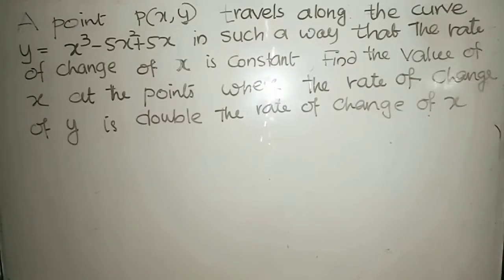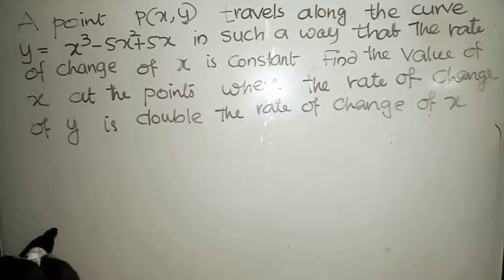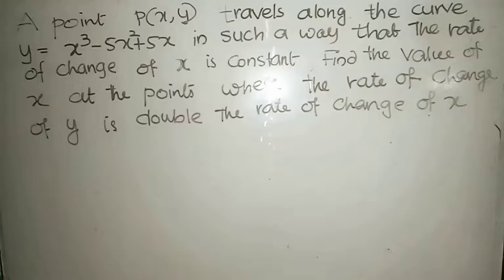A point P(x, y) travels along the curve y is equal to x cube minus 5x square plus 5x in such a way that the rate of change of x is constant. Find the value of x at the points where the rate of change of y is double the rate of change of x.